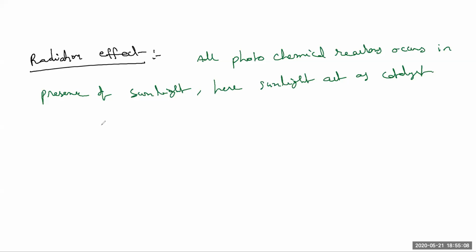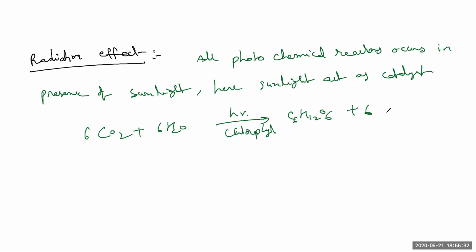I will give this one: the photosynthesis reaction. 6 moles of CO2 plus 6 moles of H2O gives rise, in presence of hν and chlorophyll, to C6H12O6 plus 6 moles of O2 gas liberated.